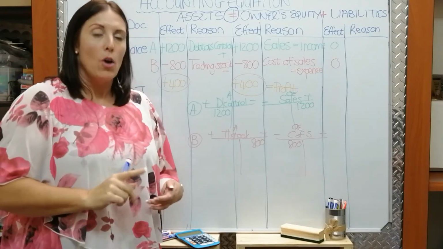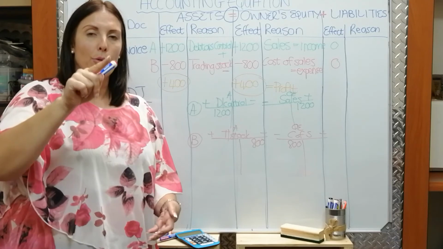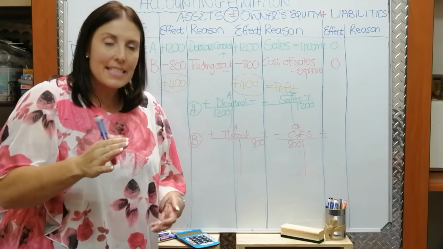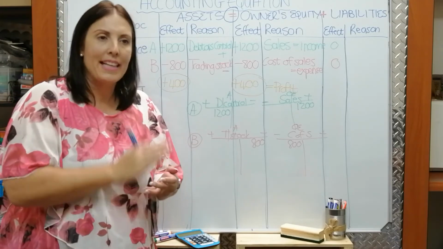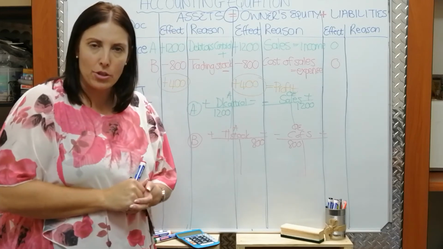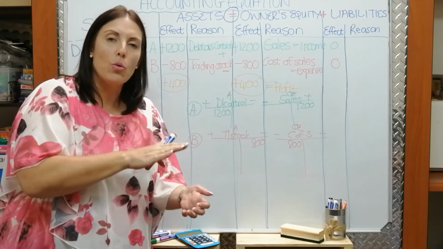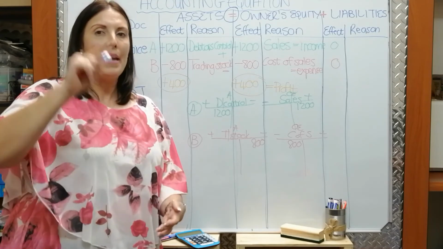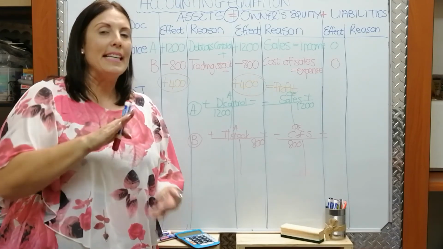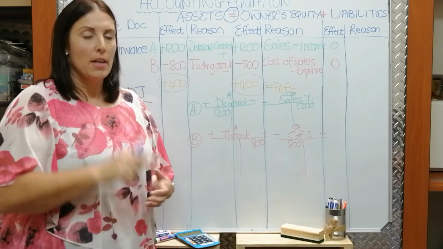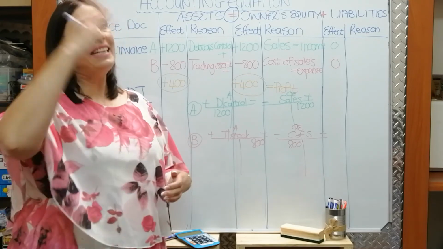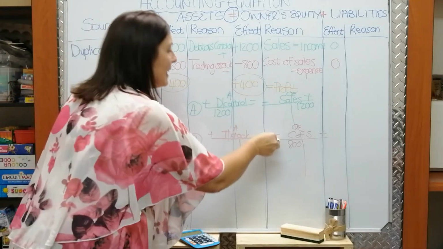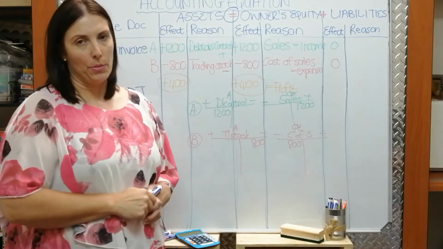But remember, whenever an expense increases, it means that the profit that the owner can take home at the end of the financial year gets smaller and smaller and smaller. So please remember, whenever an expense increases, it decreases the owner's equity. So cost of sales is increasing, but it decreases the owner's equity.